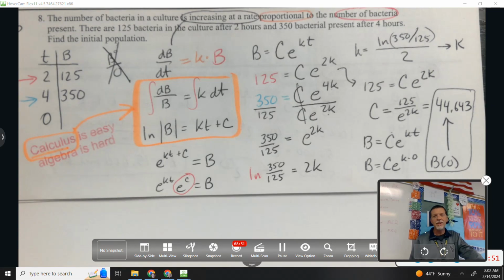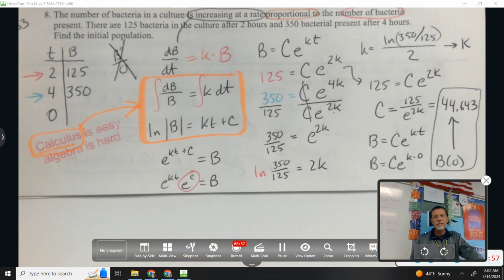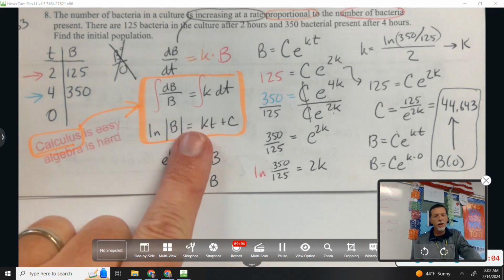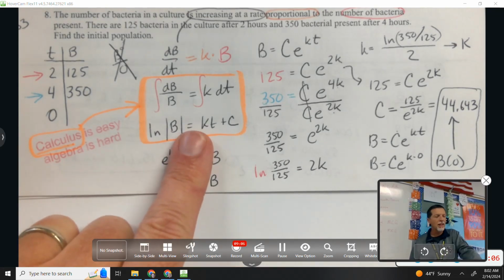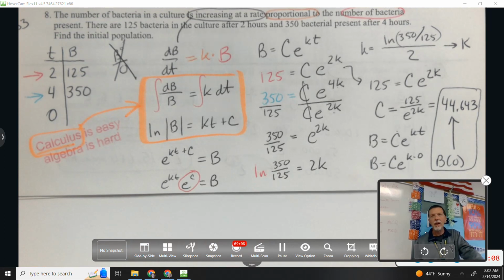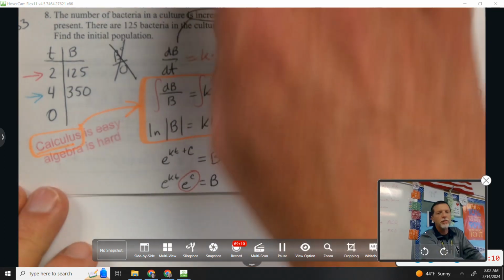Plug it in, and then 2 equations and 2 unknowns, and then plug in some more stuff. Yeah. So I'm glad you asked number 8. First, because it was a natural log problem that's different than the first one we looked at, and then second, because all the algebra was a mess. So that was a good one to look at.